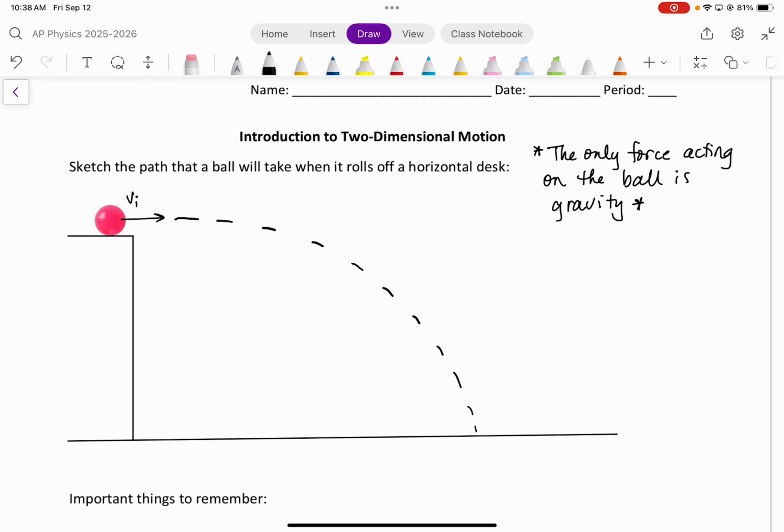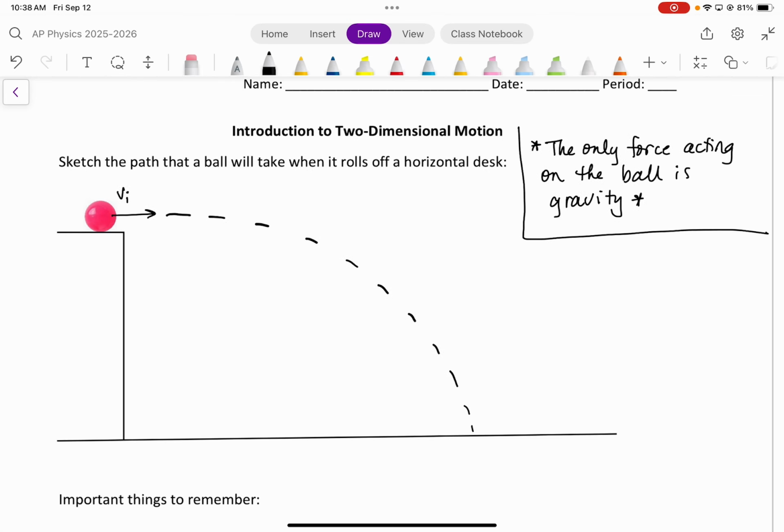Gravity is going to be pulling this ball down. So that's something that we know. If gravity is the only force acting on the ball, and that ball is being pulled down by gravity, what can we then say about the motion as the ball is moving to the right?